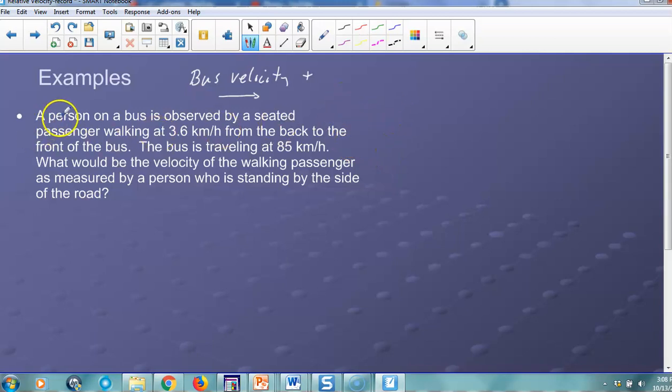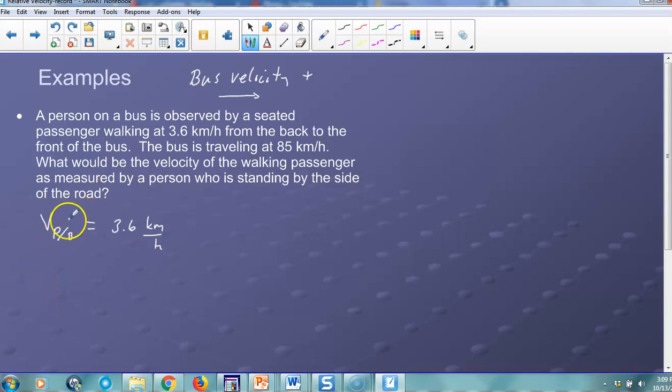So we have a person on a bus observed by a seated passenger walking at 3.6 kilometers per hour. Let's call that velocity the velocity of the person relative to the bus, and that's 3.6 kilometers per hour.